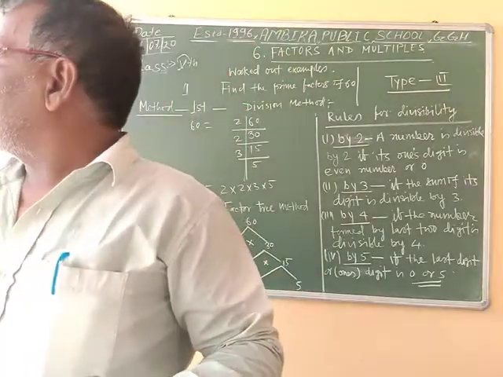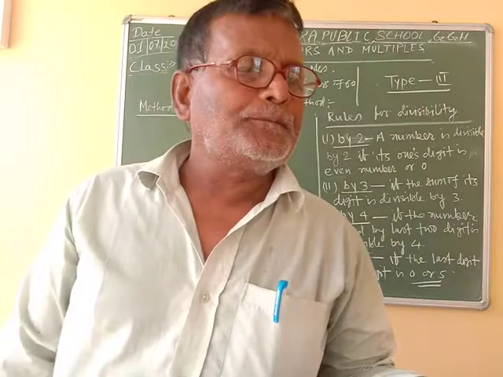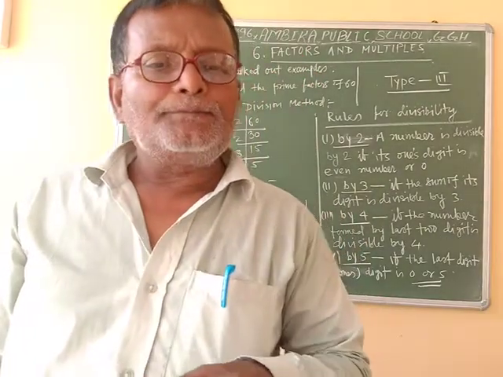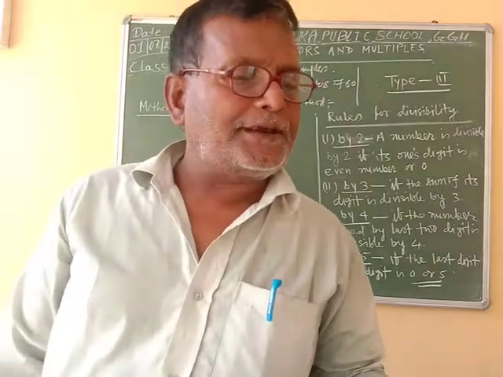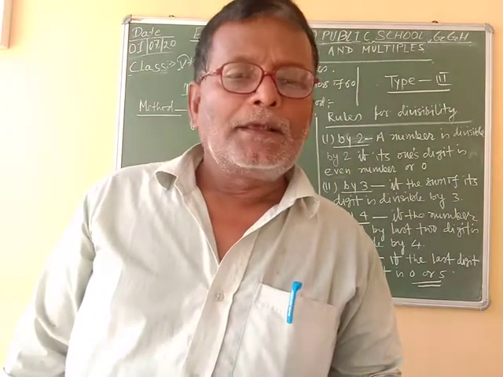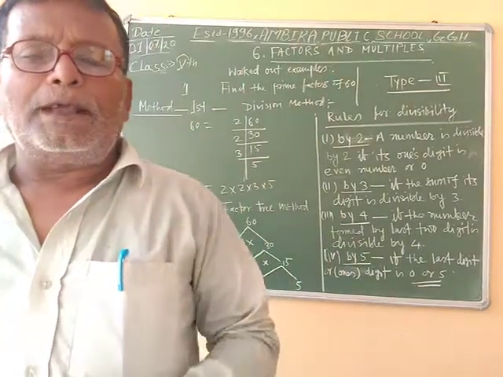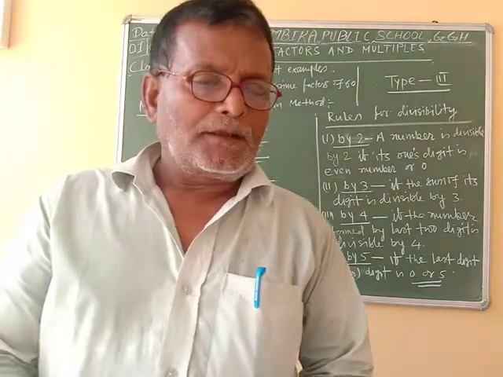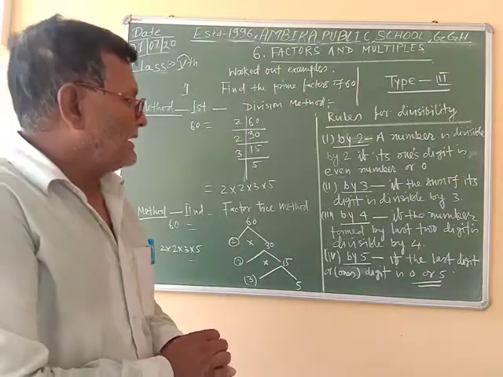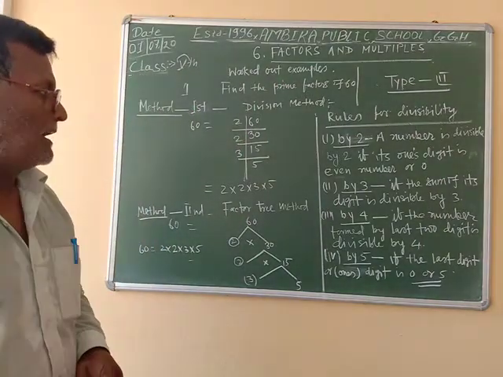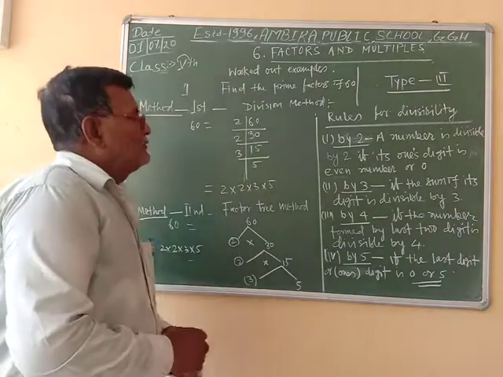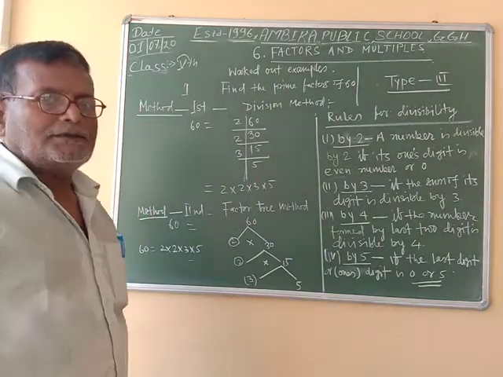You try to solve the examples of this chapter, example 2, 3, 4, 5, 6, 7. I believe that you will not face trouble. And in the next class I will write the rest of the rules for divisibility. Thank you.